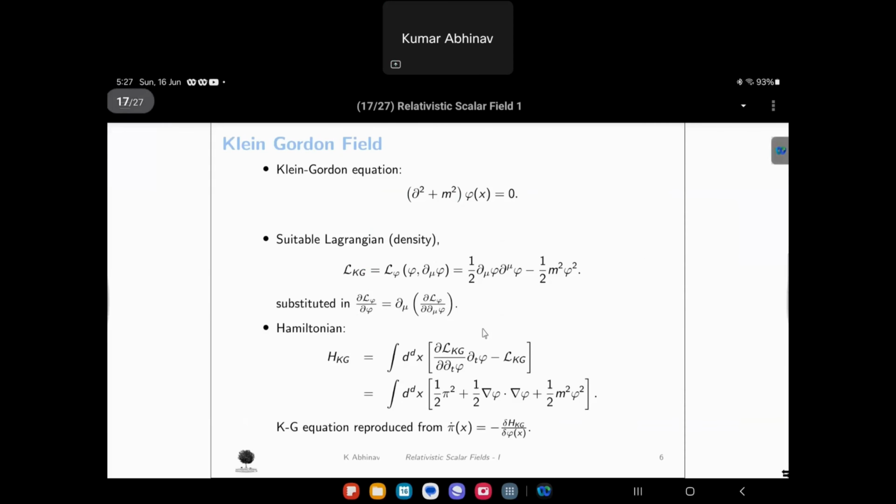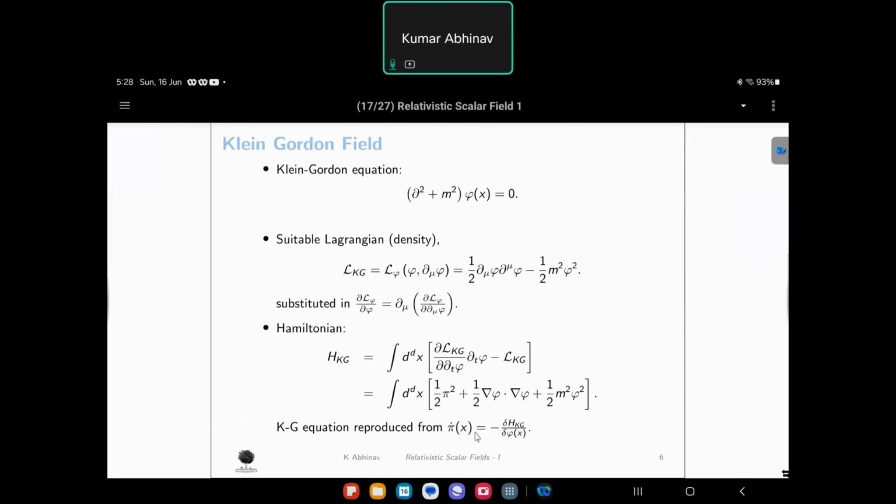Now the corresponding Hamiltonian comes from the Legendre transformation of the Lagrangian density, leading to the Hamiltonian, which is the integrand here. The partial derivative of the Lagrangian with respect to the time derivative of phi gives you the canonical momentum corresponding to the field phi. So this is just the Legendre transformation. Once you perform it with this Klein-Gordon Lagrangian, you end up with a Hamiltonian that looks like this expression.